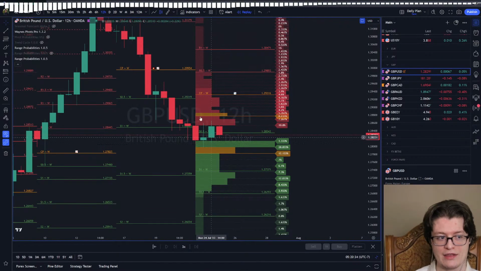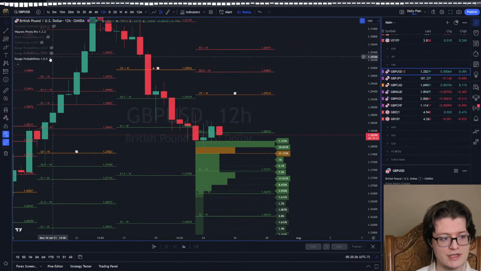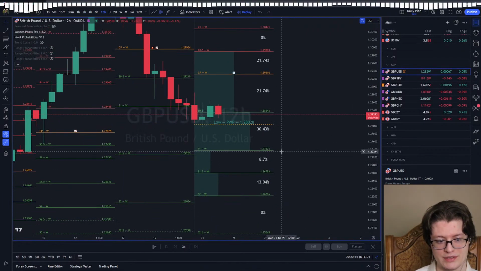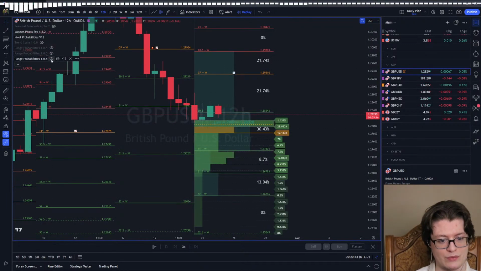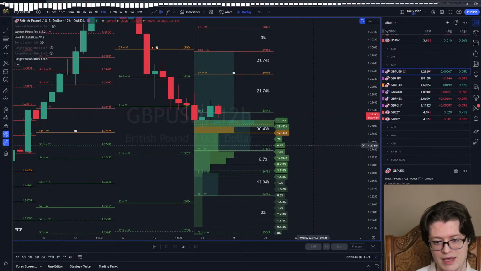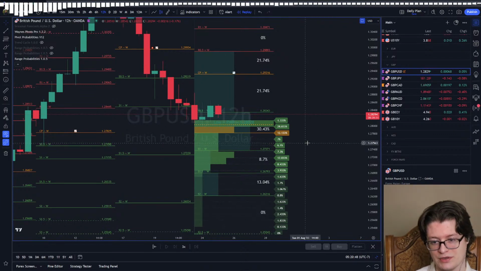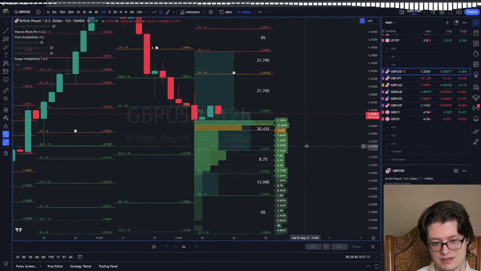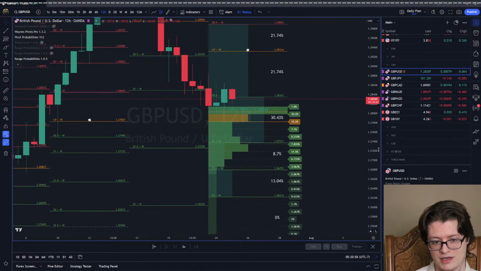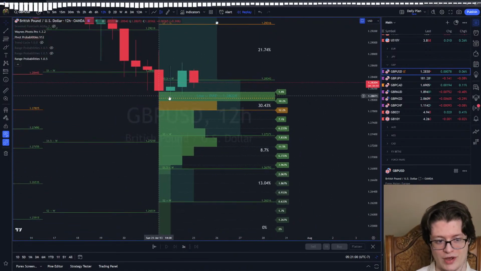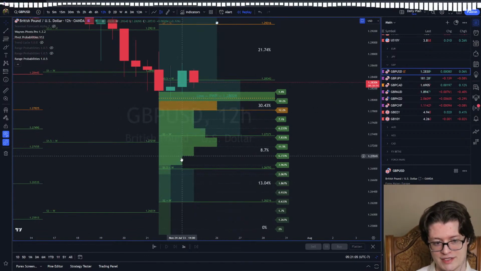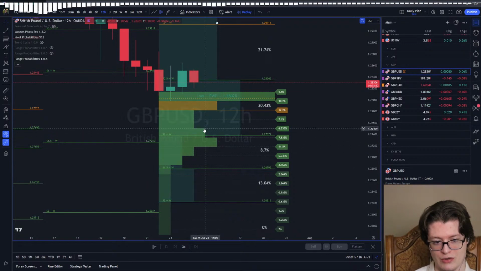If you do buy there, what kind of risk do you take? Probably putting the stop at S1 is not the worst thing in the world. I'd say maybe just above S1, like 127.5 or 127.6, somewhere just above there. You can see there's a peak right here where a lot of your lows show up, and then a secondary peak right here just below S1.